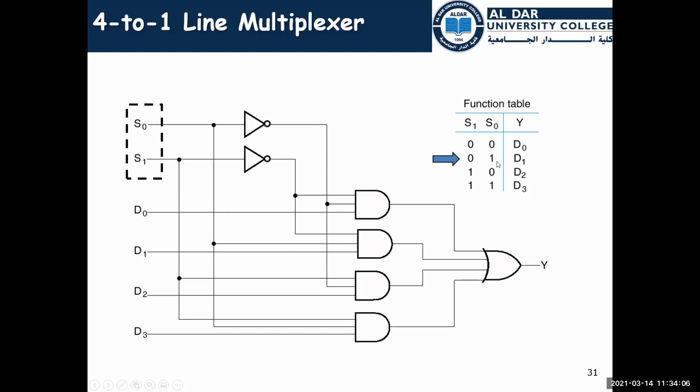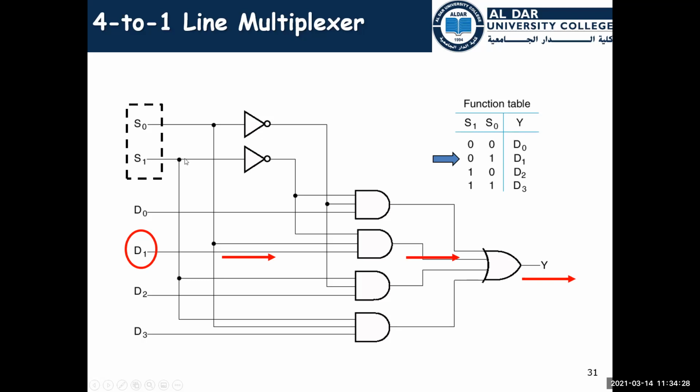What about the value 0, 1? 0, 1 means D1 will be enabled. Why? Because, sorry, this is S1, S0, but here it is S0, S1. So 0 is here and 1 is here.